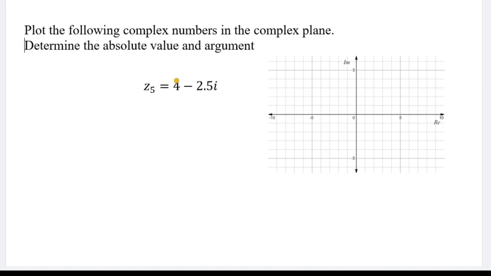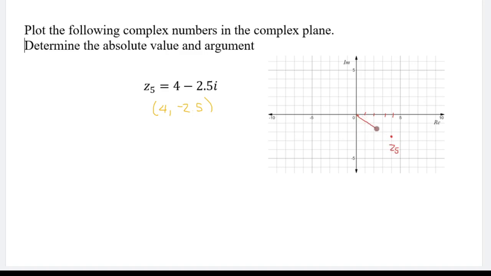So, last example tayo. So, our x is 4 and our y is negative 2.5. So, we have no problem mamaya dun sa angle since yung ating x is positive. So, saan natin makikita yung 4 at negative 2.5? So, we have 1, 2, 3, 4. And we have negative 2.5. So, this is the value of our z5.